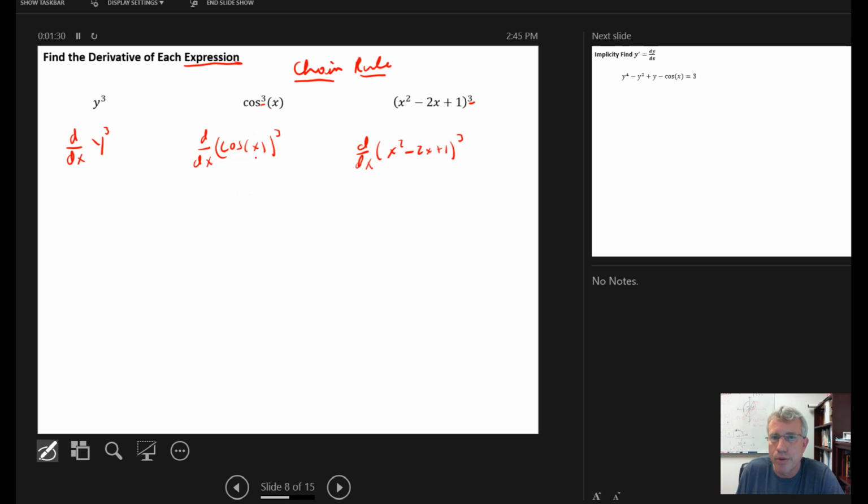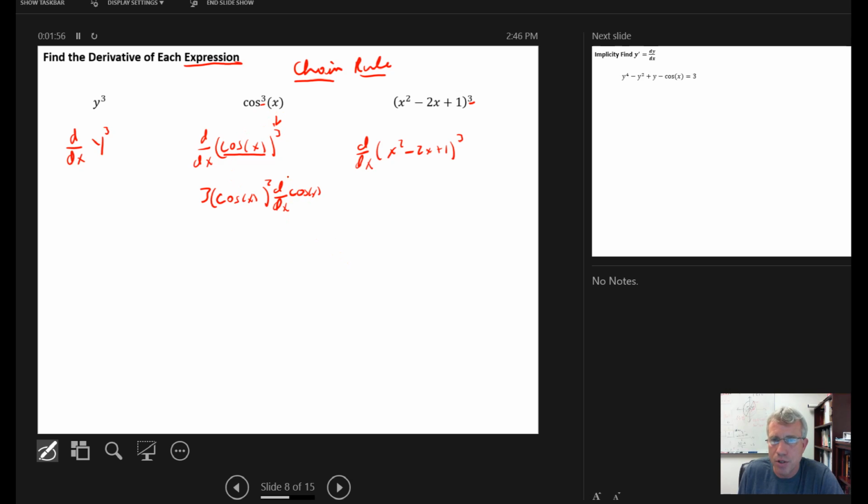So to take this derivative, we see that the outer function is the cubing function. So we would use the general power rule to take the derivative of the outer function, and then we would multiply that by the derivative of the inside function. We would take the derivative of the outer function at the inner function.